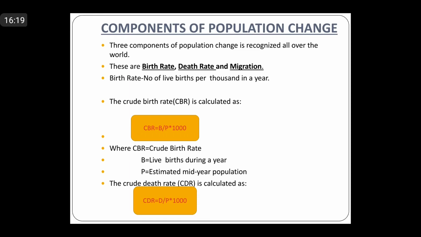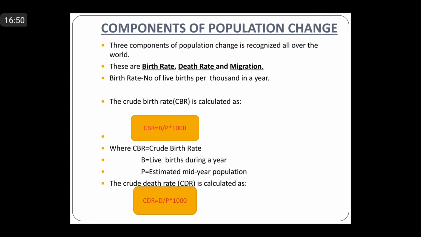Again telling you by giving you one example. Crude birth rate is calculated as the number of live children born in a year divided by the total population in the middle of the year, into 1000. Suppose the population of a small country is 2 million, and the live births in this country in a year were 40,000.